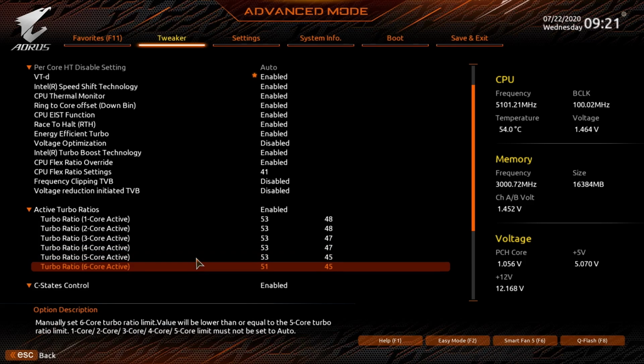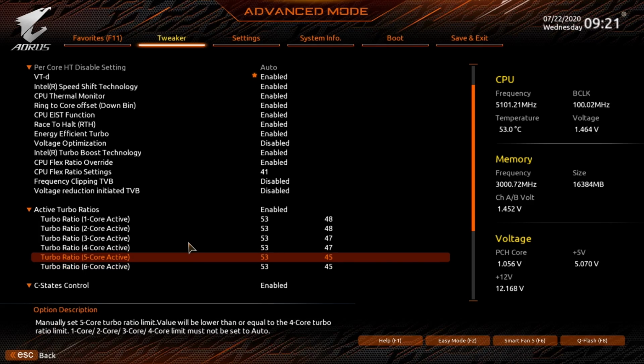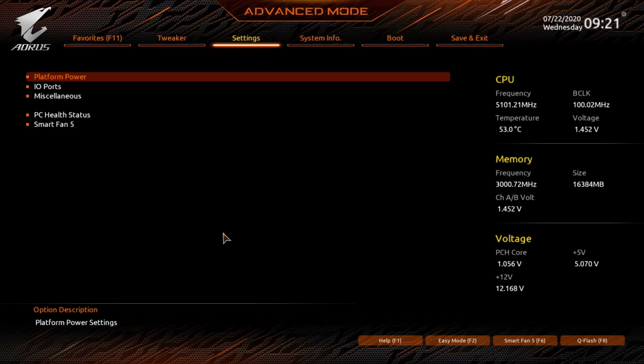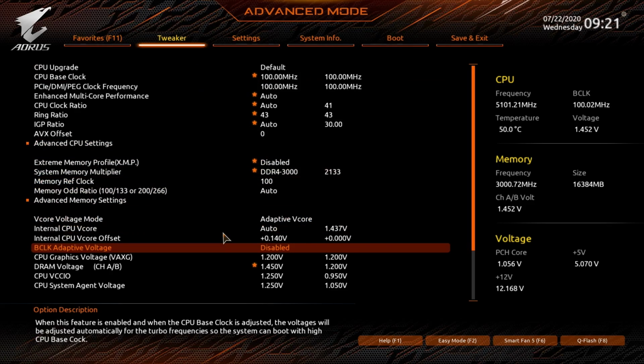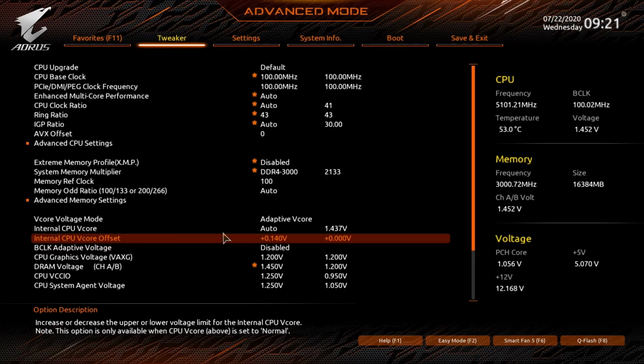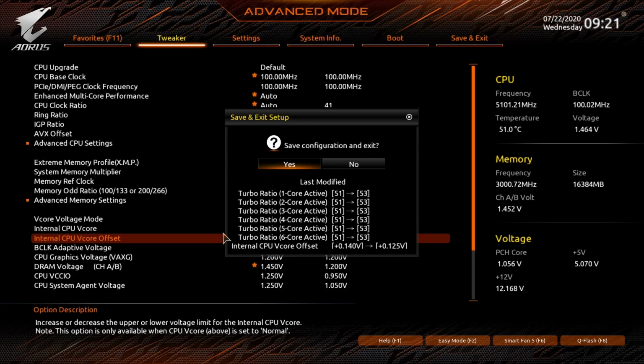Just to see, in case there's some problem with the 52 multiplier. But I really don't think so. But we'll try. And then we'll downclock everything. And just to be safe here, we'll lower that voltage a little bit. Let's go to 0.125.